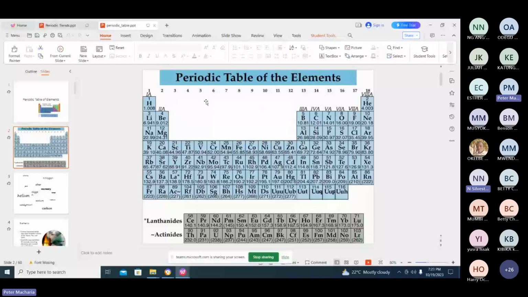But note that usually the trend for those elements that have the outermost electron in the D sublevel does not align with those that only have S and P. So usually we label those whose outermost electrons are either in S or P as elements in period A. The first column represents group 1.